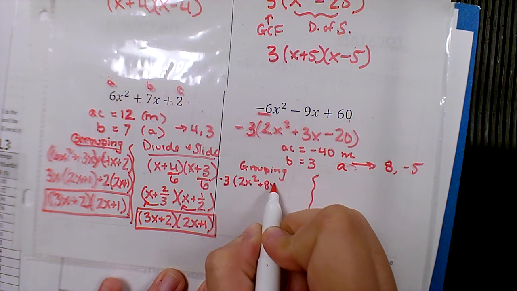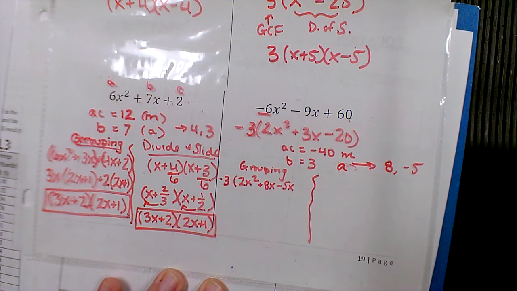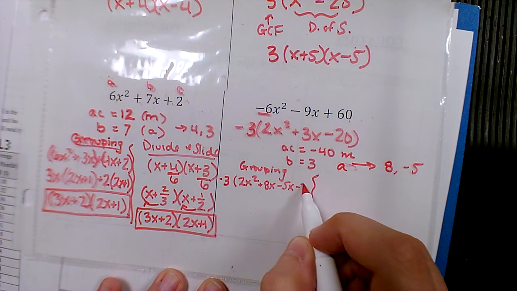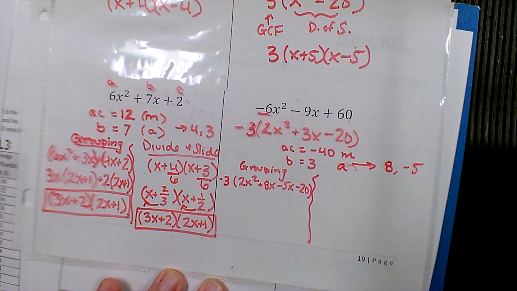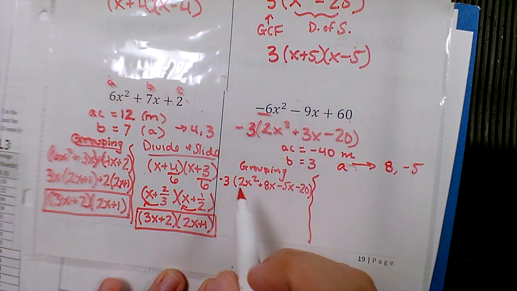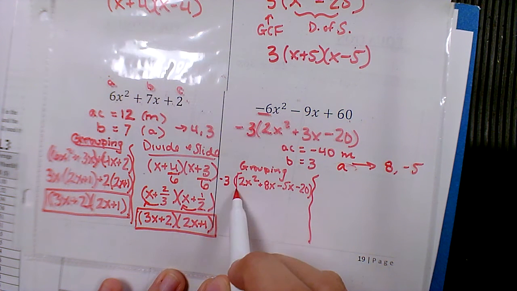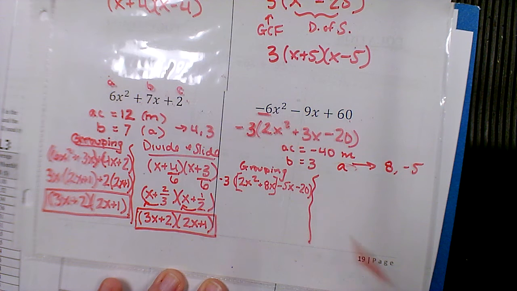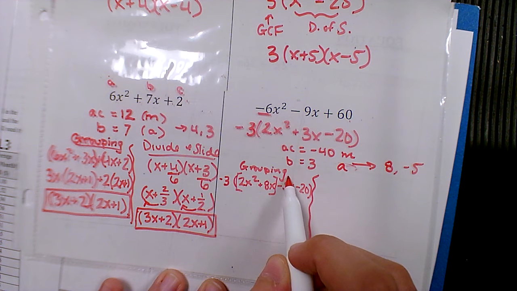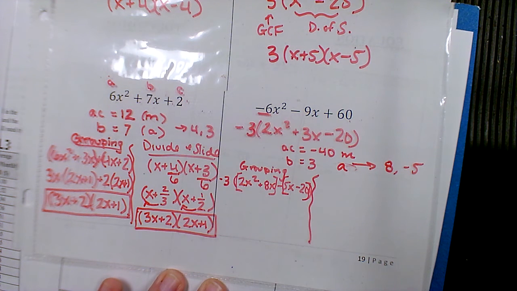So maybe we'll do 8x minus 5x, and our last term was a -20. Notice how you went from 3 terms to 4. So we're going to group the first two, and we'll group the last two.